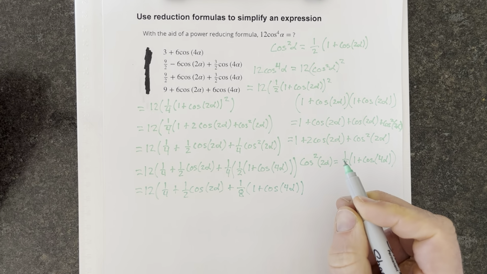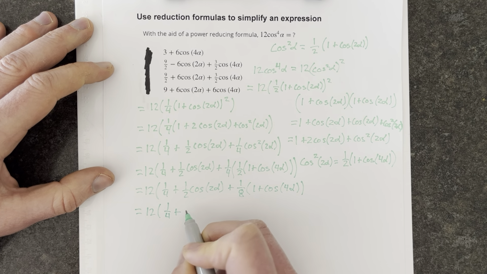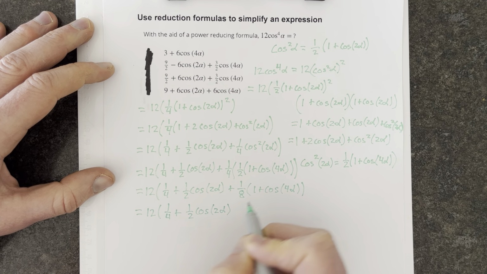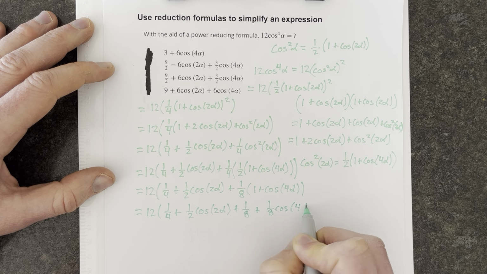And then I'm going to distribute the 1/8 to each piece there. So I end up with 12 times 1/4 plus 1/2 cosine 2 alpha plus 1/8 plus 1/8 cosine 4 alpha.